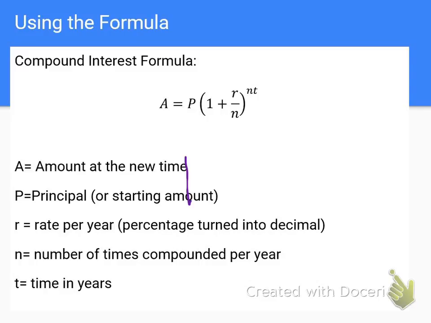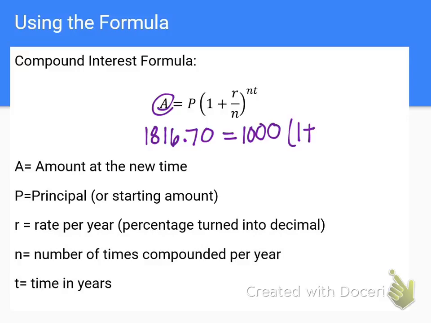That would go in place of A. I probably should have done this in class, but I could check to see if this works: is $1,816.70 equal to, my principal was $1,000? Principal is the amount that you initially invest. Then 1 plus R over N.